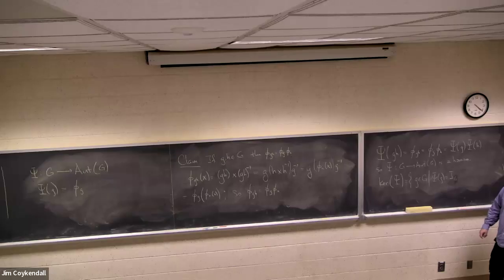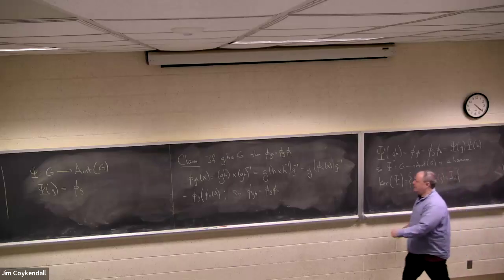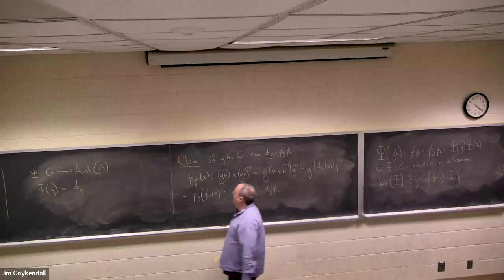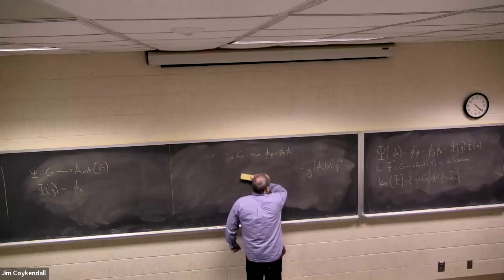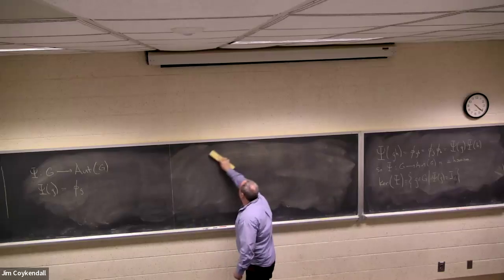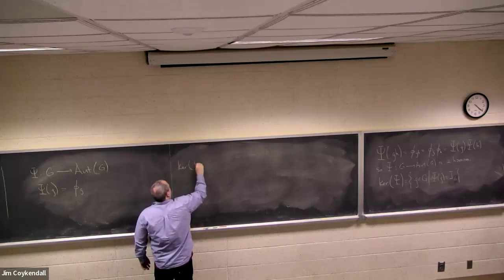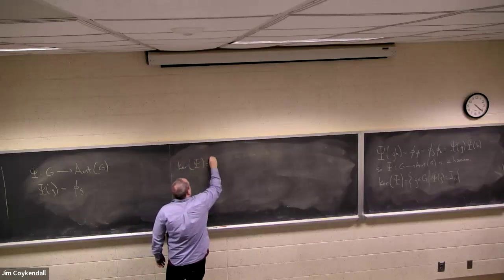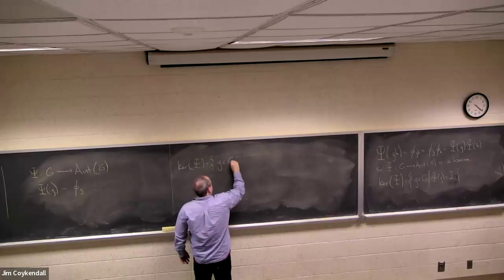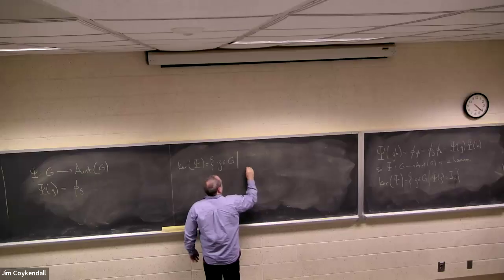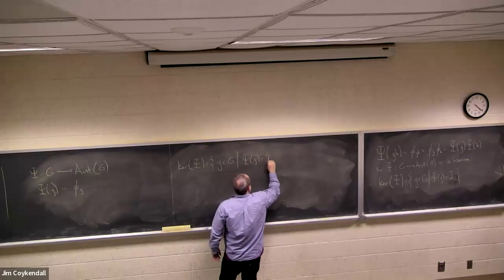Do I agree with that? Let me see if I can think of this a better way. The kernel of capital pitchfork is the set of g in G such that pitchfork g is the identity.